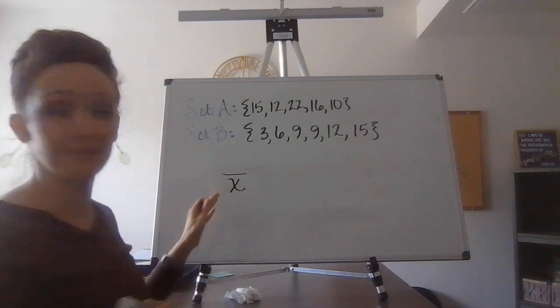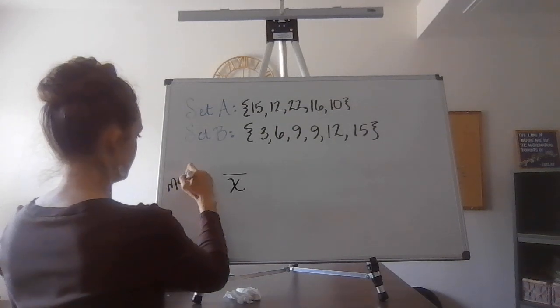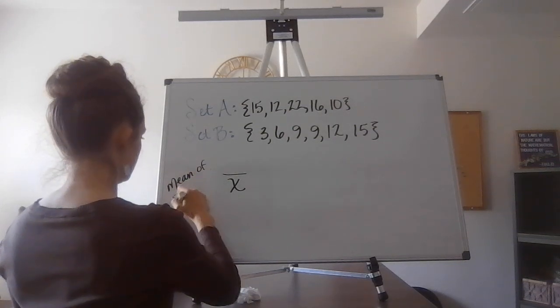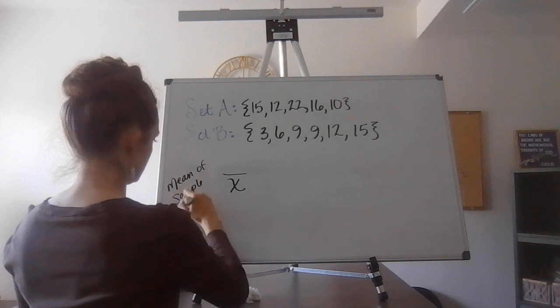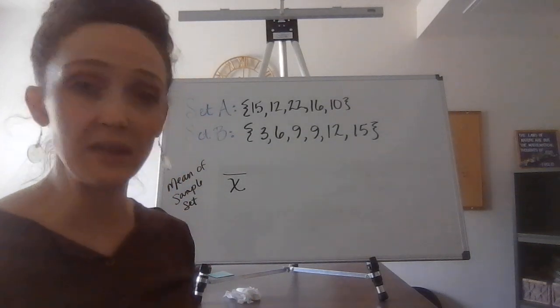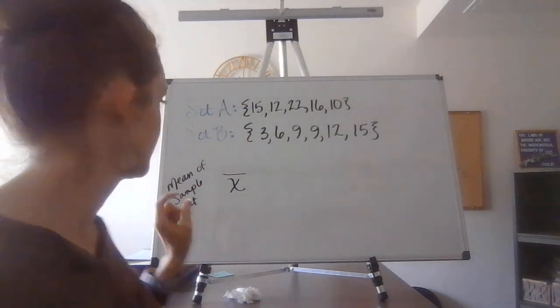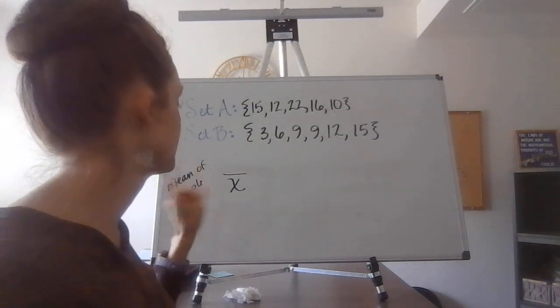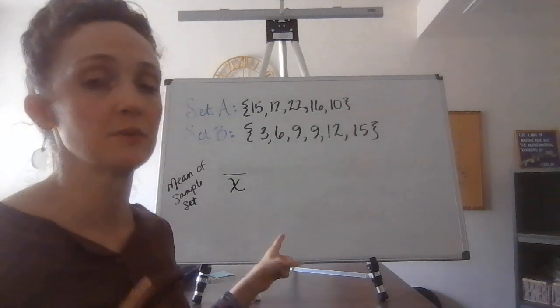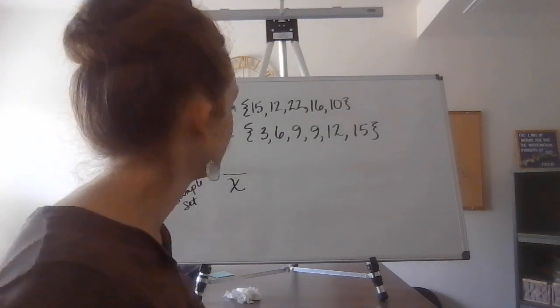That is the mean of a sample set, as opposed to the mean of a population. That's going to be a different notation. But this is a sample set, so we're going to call it X bar, and we'll get to the difference between a population and a sample and how we calculate things a little bit later.